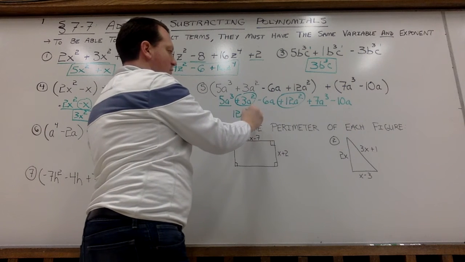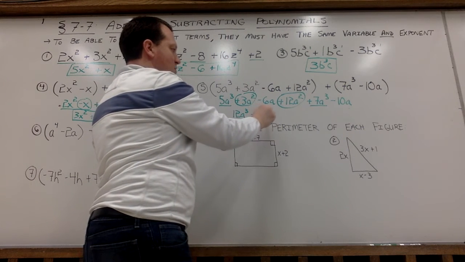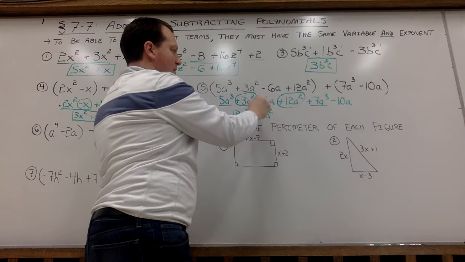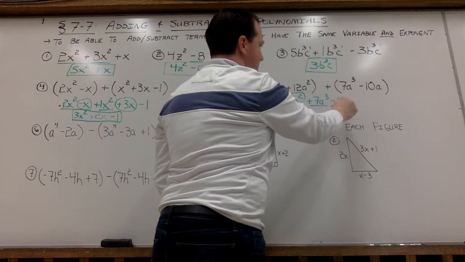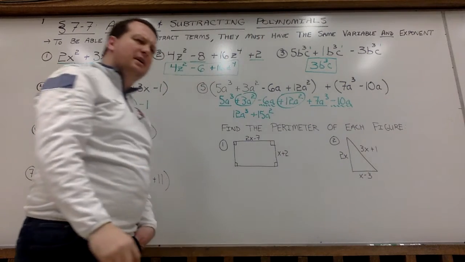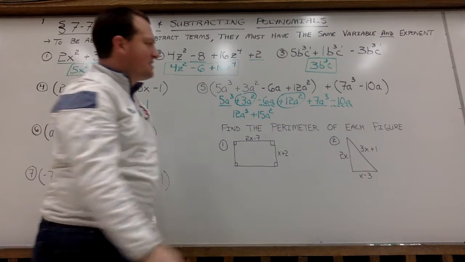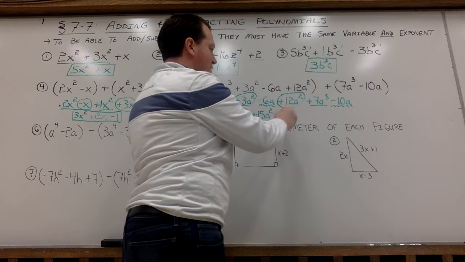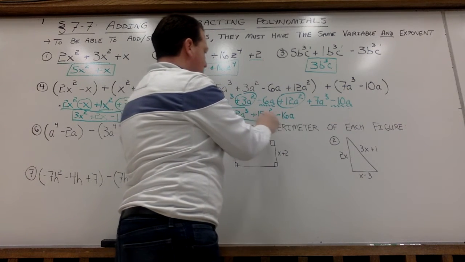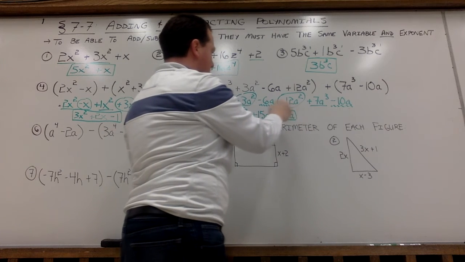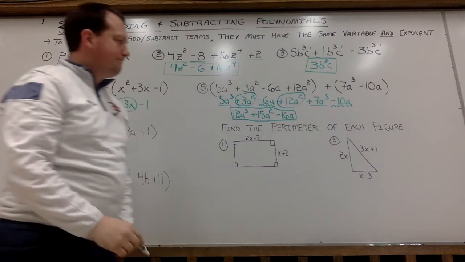So 3 and 12 will give me 15a squared. And then finally, negative 6a minus 10a. So be careful on that sign. Negative 6 minus 10 gives me negative 16a. And there we have it.